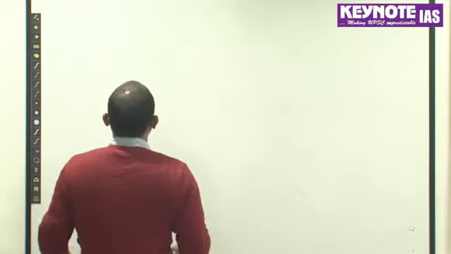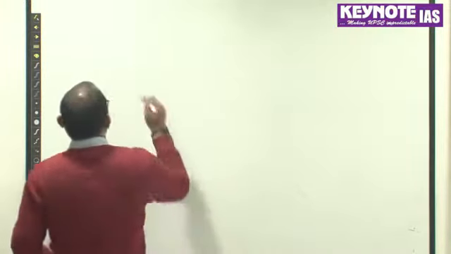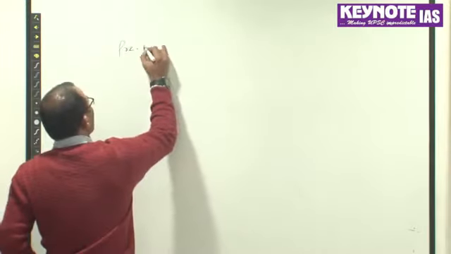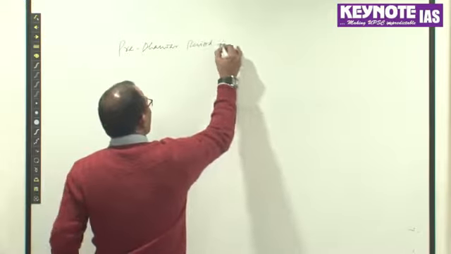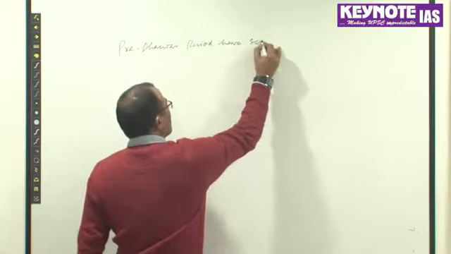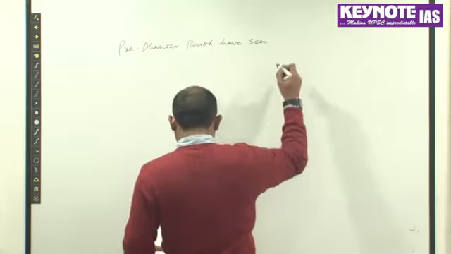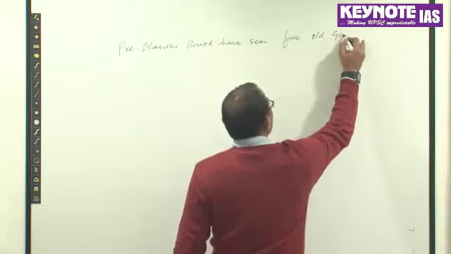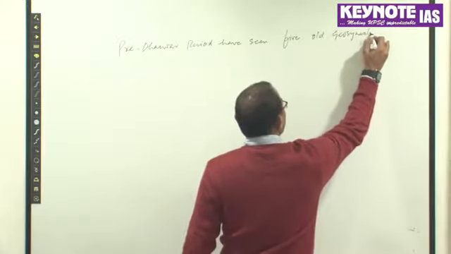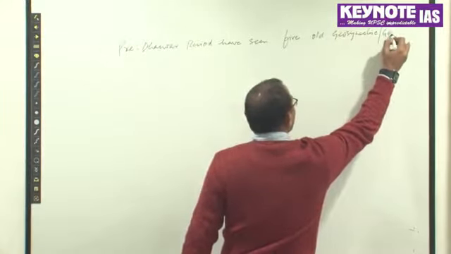Pre-Dharwar period has seen five old geosynclines.